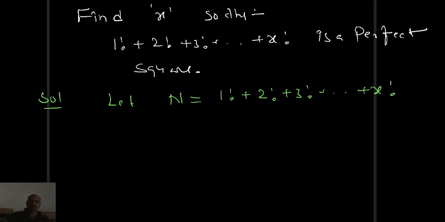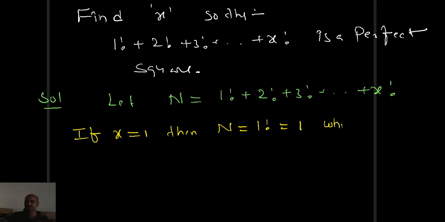So I will solve this problem taking different x values. If x equals 1, then n equals 1 factorial, that is 1, which is a perfect square. If x is taken as 2, then x equal to 1 is the required value.